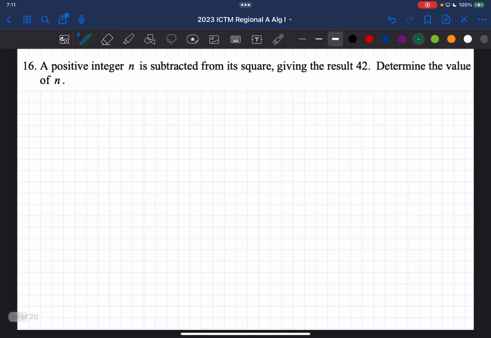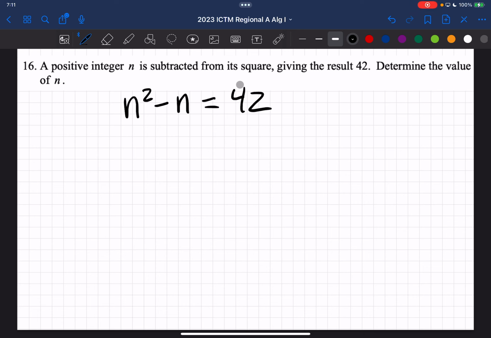Number 16. A positive integer n is subtracted from its square. So that means its square is n squared, and we subtract n from n squared, and it gives a result of 42. So we want the value of n. So we have a quadratic again.